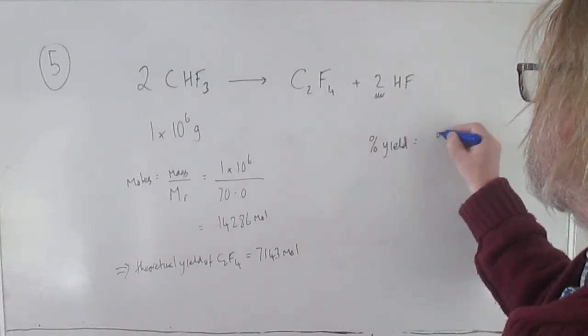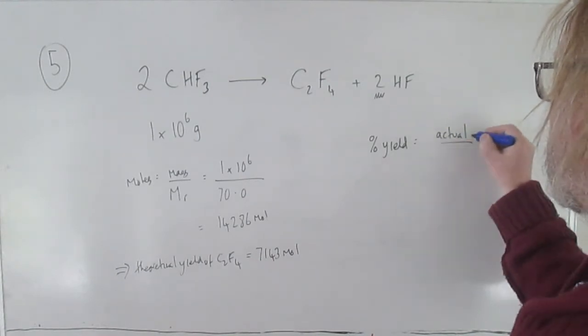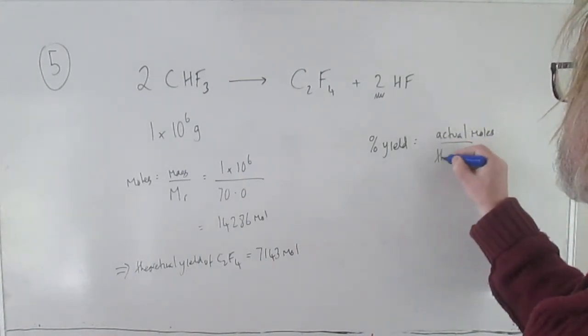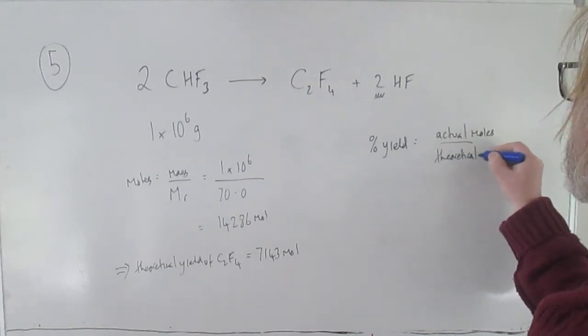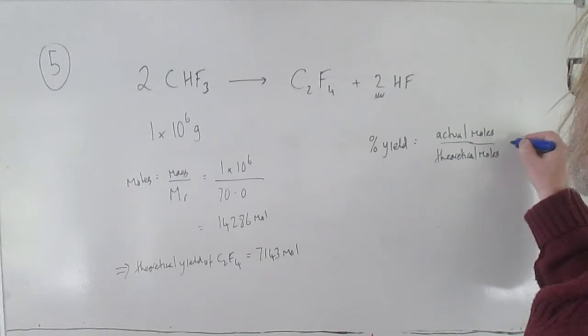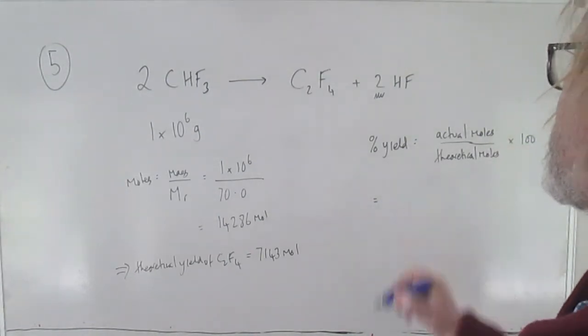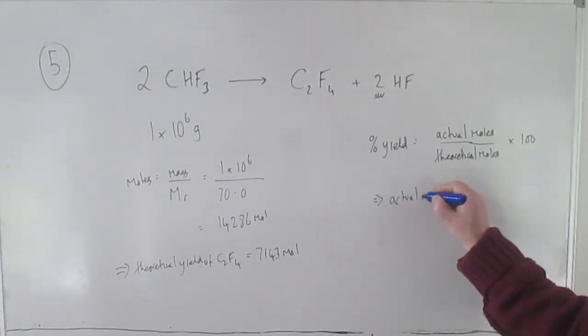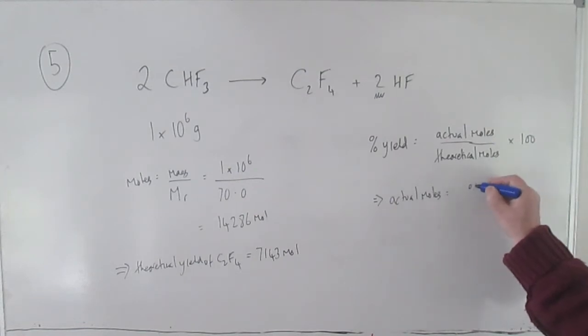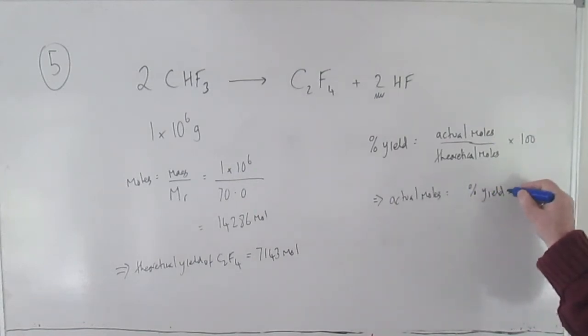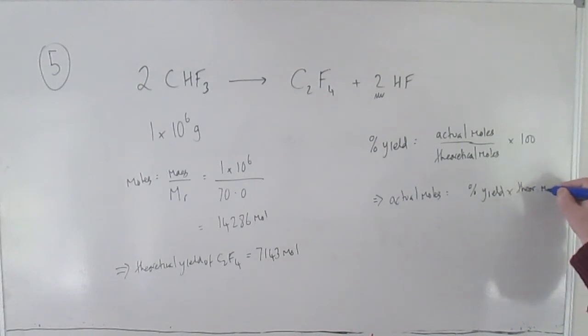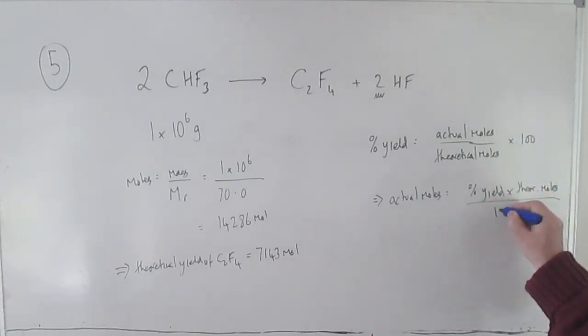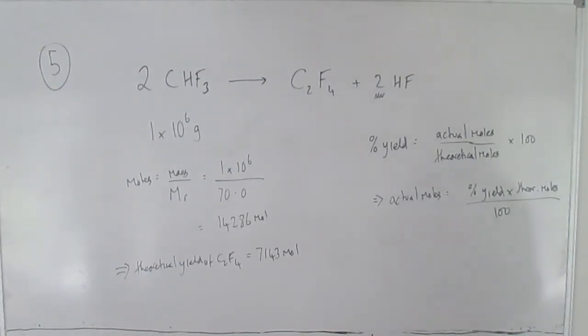Okay, percentage yield is actual moles over theoretical moles times 100, which means that the actual moles are equal to the percentage yield times the theoretical moles divided by 100, which is a different way of arriving at the same thing, because you can see multiplying by the percentage and dividing by 100 is the same as just finding 84% of that.